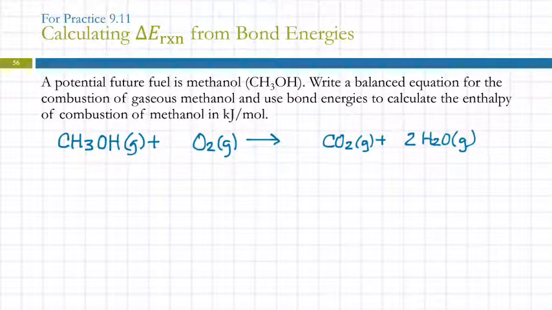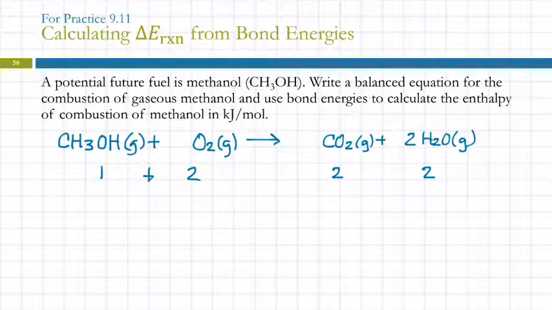That's what I call the odd-even problem. So we've got 1 oxygen in that one and 2 oxygens in this. And here we have 2, and 2 times 1 is 2. You can use fractions here, but most students don't like that.